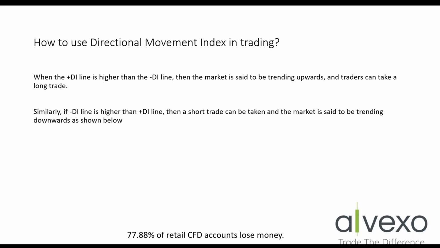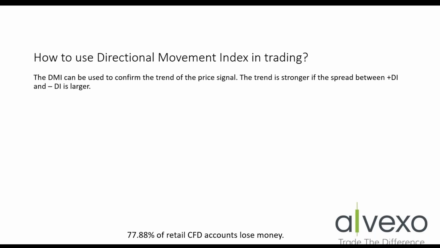Similarly, if the minus DI line is higher than the plus DI line, then a short trade can be taken and the market is said to be trending downwards. So the DMI can be used to confirm trends, the trend of the price signal. The trend is stronger if the spread between the plus and the minus DI is larger.